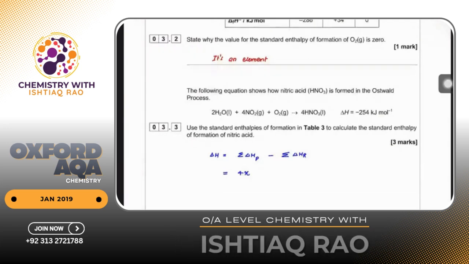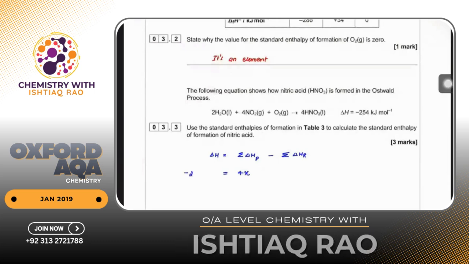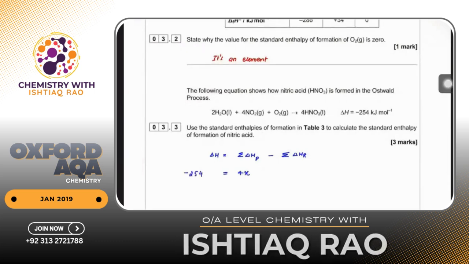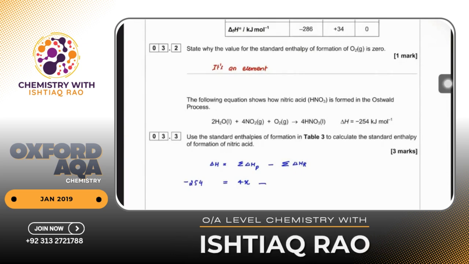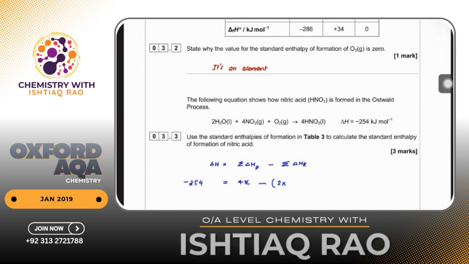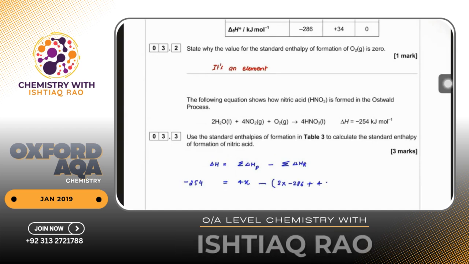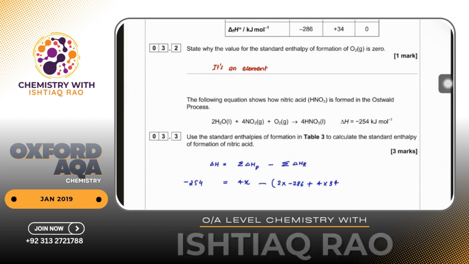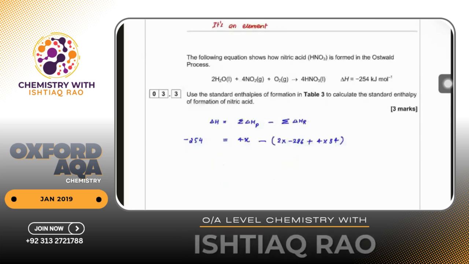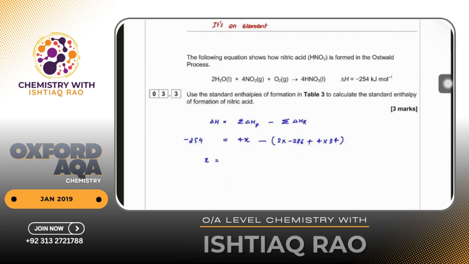The 4x is negative 690 if I'm not wrong. So negative 690 equals 4x minus 2 multiplied by negative 286 plus 4 multiplied by 34. Then what's the answer for x?